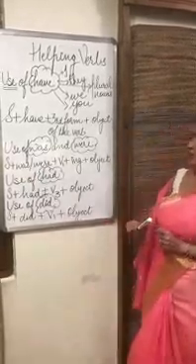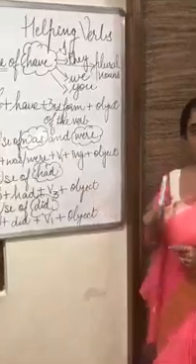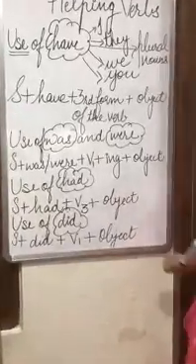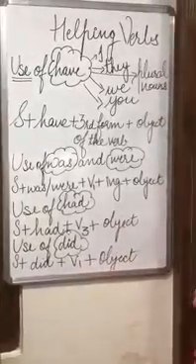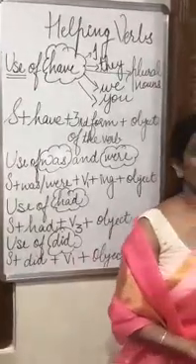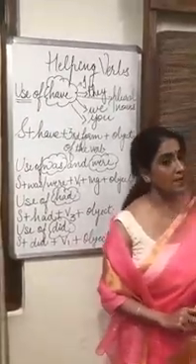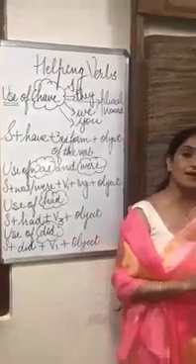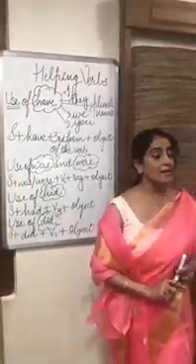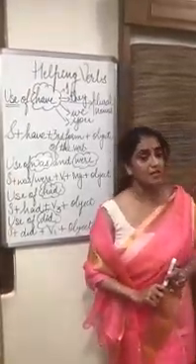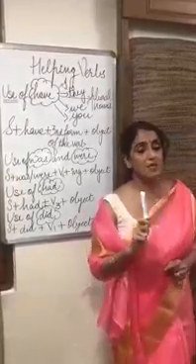Let's come to had. We have already done has, remember? So we'll come to had. Now had is used to frame past perfect tense. Had is used with all the subjects in the formation of past perfect tense.